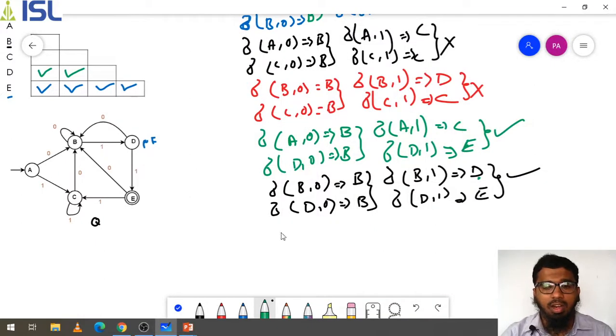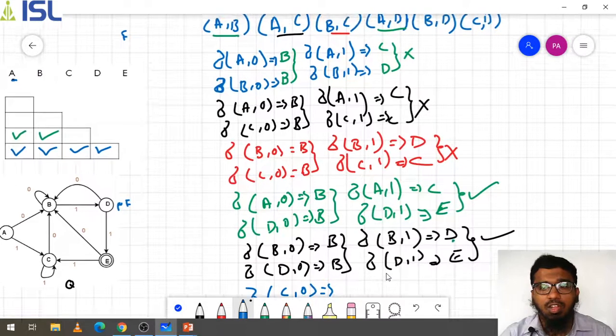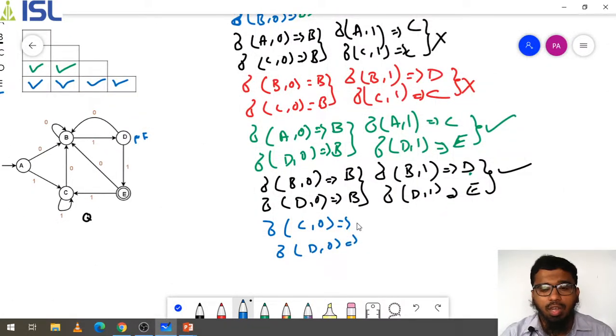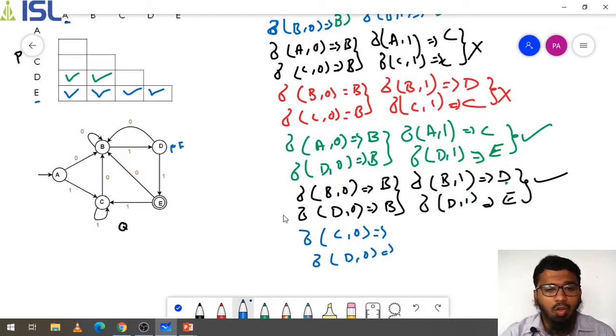C comma D. Delta C and delta D, with 0. C on 0 is going to B, and D on 0 is going to B only. Fine.